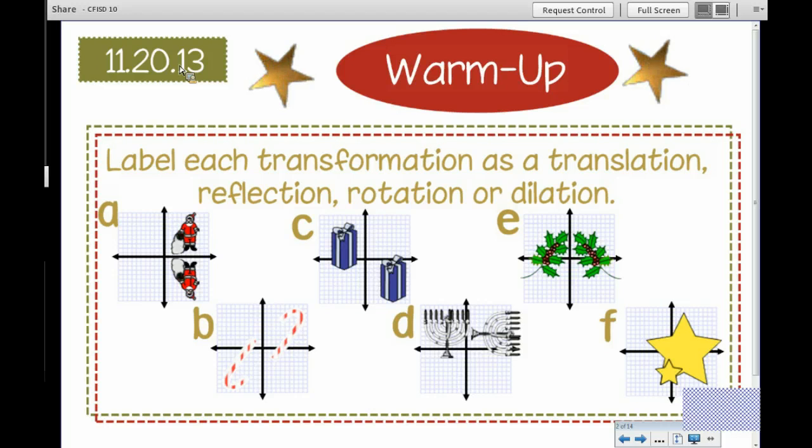E is a reflection, yes. B is not a reflection. D is a rotation, yeah? Let's just pick one. C is a translation, yeah?